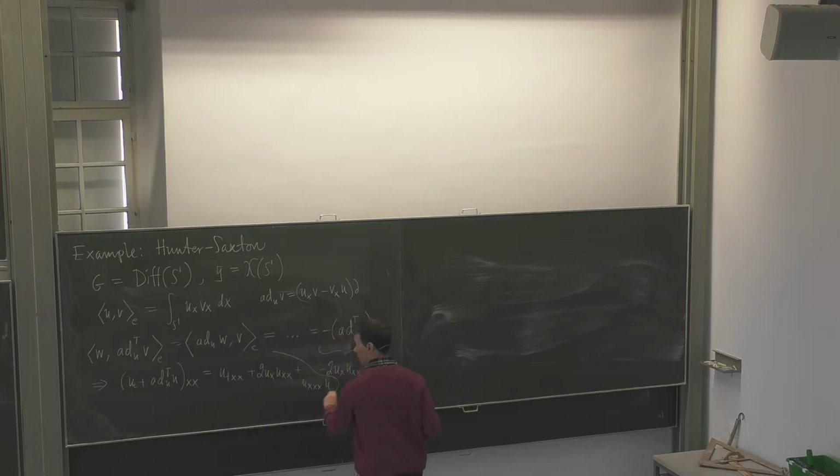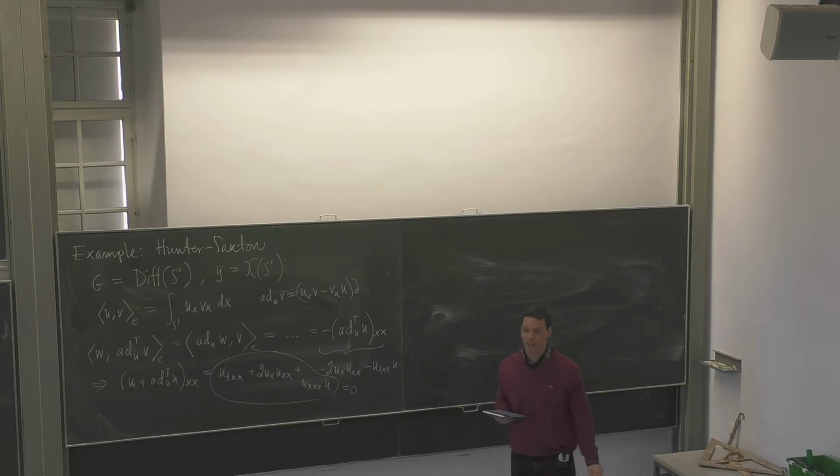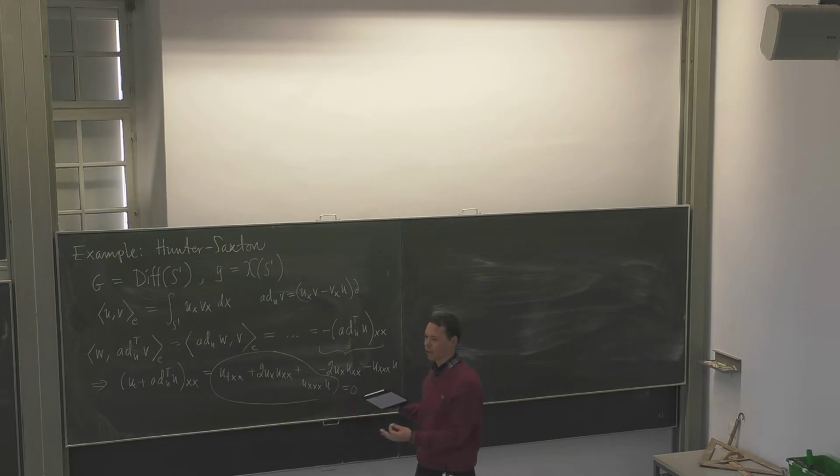And this, ladies and gentlemen, if you put this equal to 0, this is the periodic Hunter-Saxton equation. A little bit sketchy, but maybe at least you get some flavor for how you derive these equations.